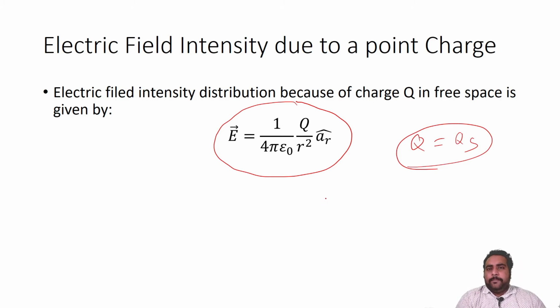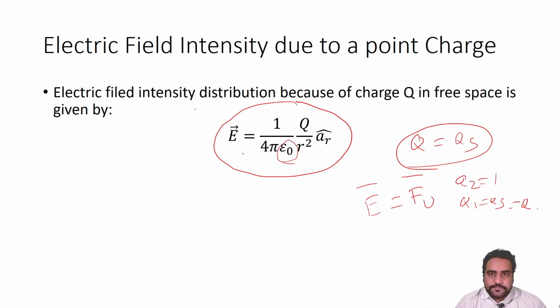You may go a bit back and you might already see that I have obtained this E bar to be F, the force acting per unit positive charge, where I made Q2 equals to 1 and Q1 equals to Q, in this case Q. So this is the electric field intensity distribution because of charge Q in free space.